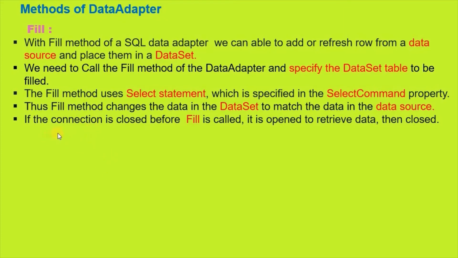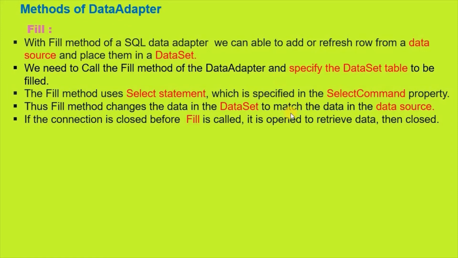So in fill method, the result of select statement, means select query, is important. That result or data is filled in dataset. In dataset, there can be more than one table, that is two tables, three tables, or any number of tables.